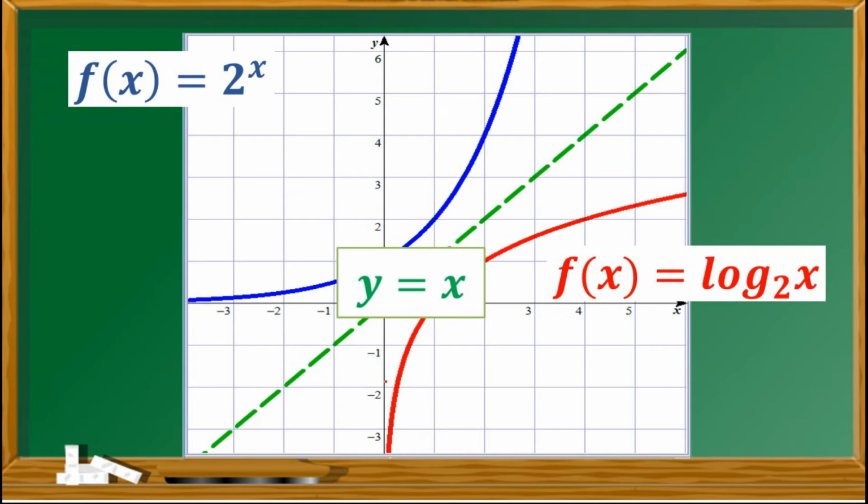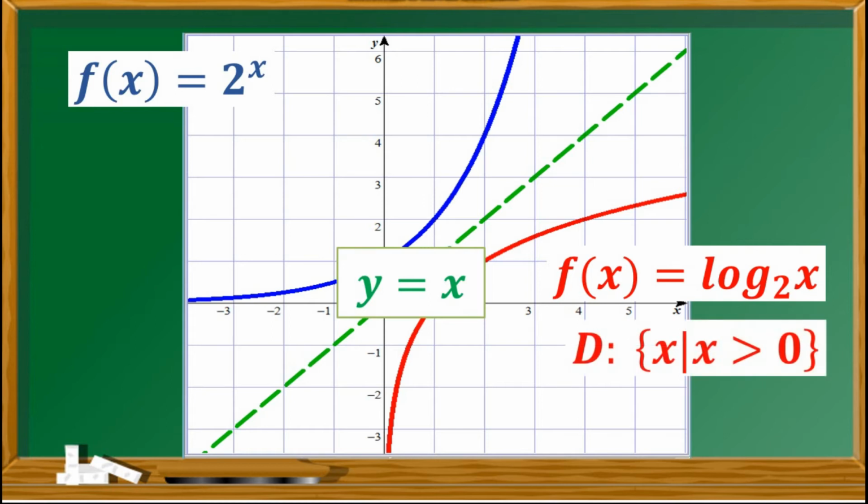It's a yes. And if we're going to look at the points here, we have a point that is (4, 2) on this graph, and its inverse is (2, 4), which is found on this graph. Therefore, they are really inverses. And if we're going to compare the domain and range, the domain of this function is the range of this function, and the range of this function is the domain of this function.